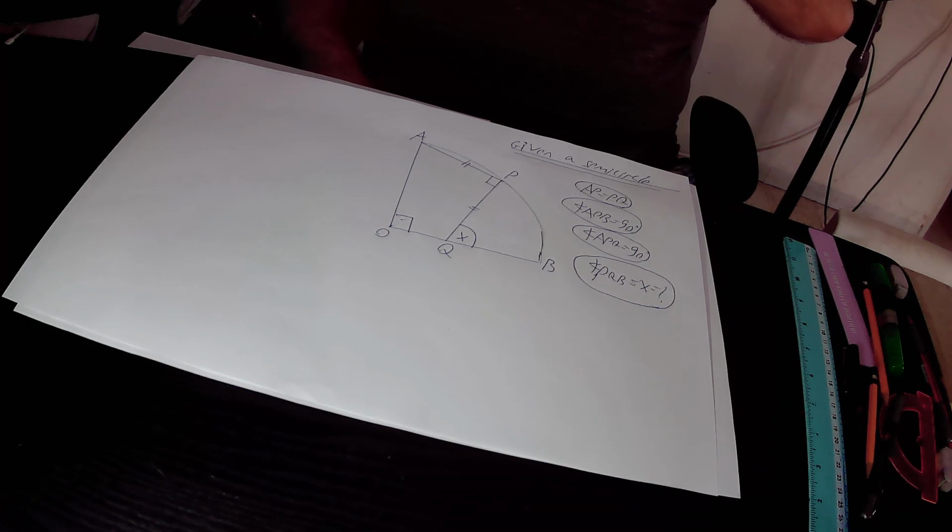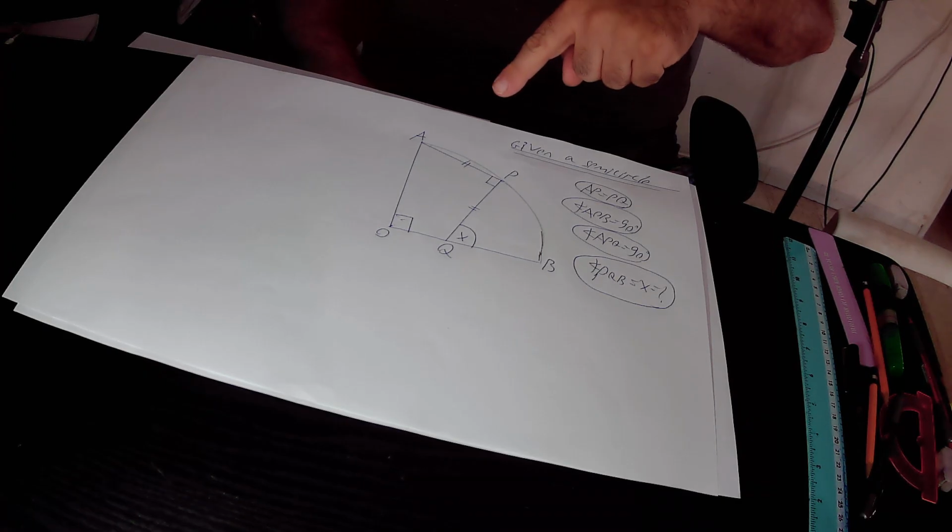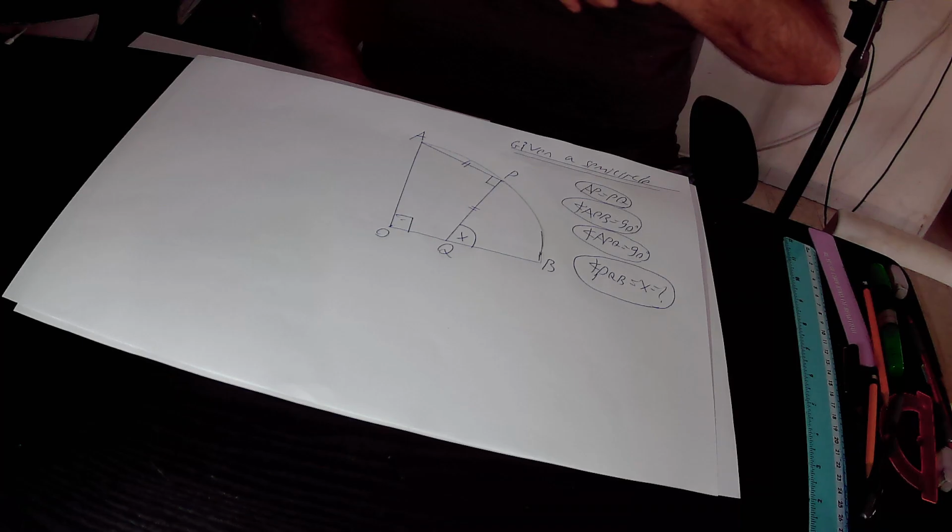So we start. In the first step, we will complete the quarter circle to a semicircle.